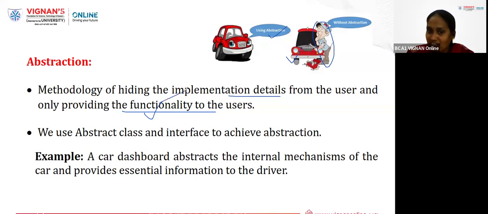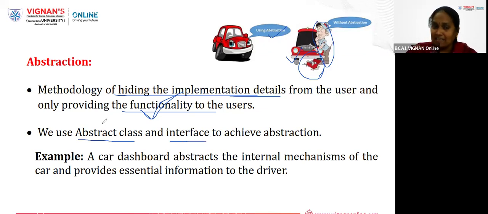He knows the functionality, but he doesn't know how internally all these parts are arranged, right? So hiding the internal details and only showing the functionality is to be called as abstraction. In case of Java, abstraction can be achieved by abstract classes and interfaces. We can see later in our further classes what is meant by abstract class and what is meant by interface.